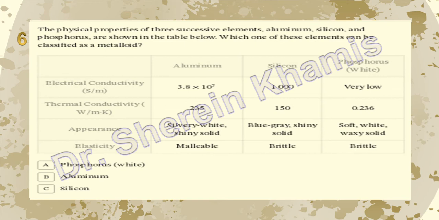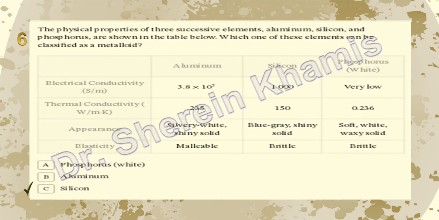So we have here silicon. Silicon is an element that belongs to both metal and non-metal. We call it a metalloid as it has some properties of metal, like electric conductivity and thermal conductivity, but low, and it is shiny as a solid and gray or blue-gray in color.